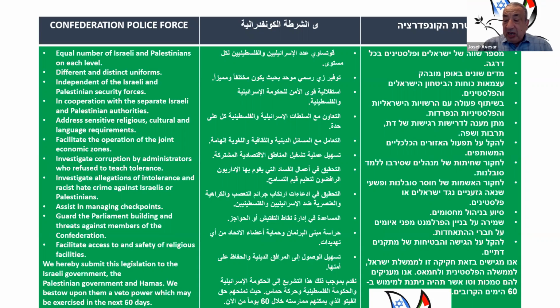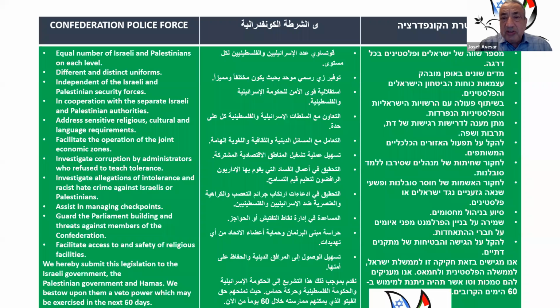Let's have a vote. Joseph, one comment, please, if I may, on this legislation. This legislation is totally silent on the issue of crime prevention. Who is going to take care of controlling crimes in those areas? Are you going to assign it to the specific Israeli police or Palestinian police, and the IPC police will have no jurisdiction over that? Correct.